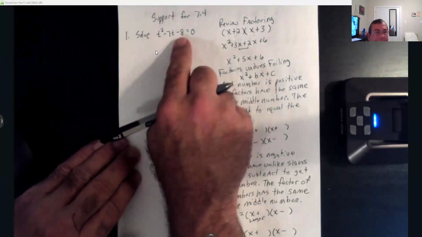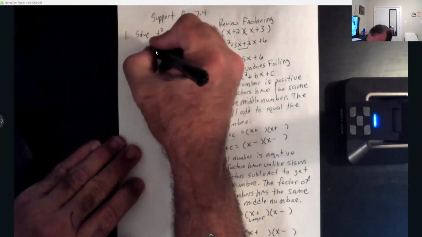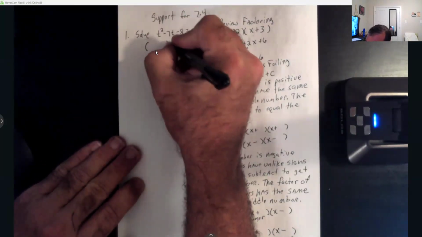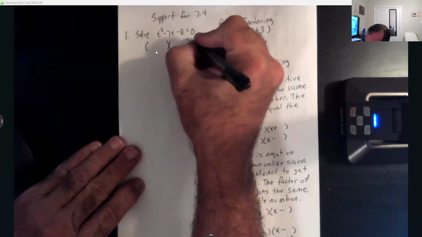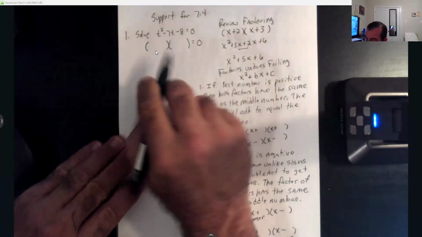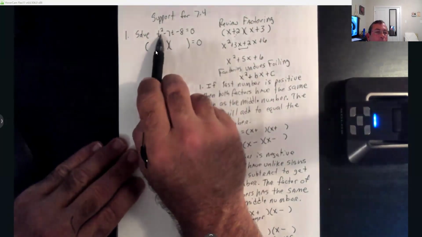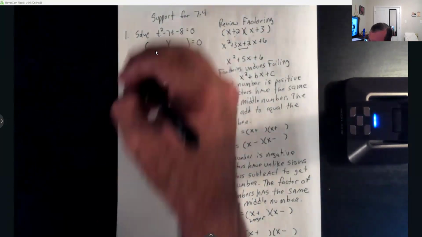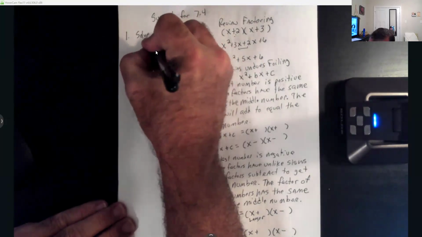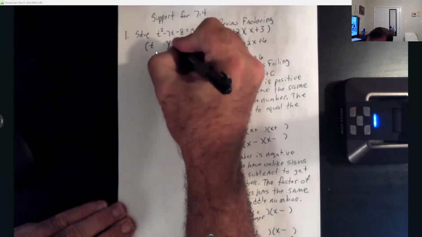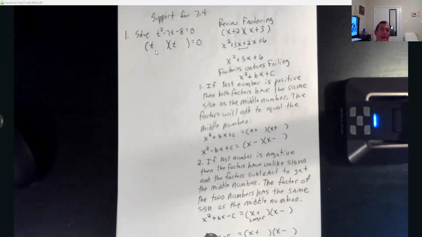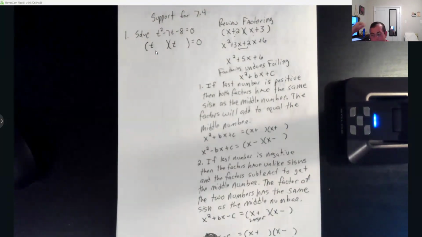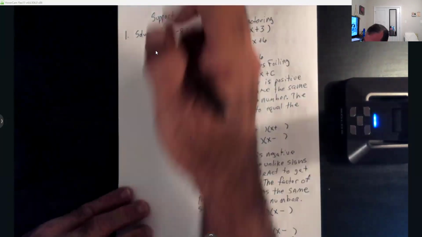Oh, this one's negative at the end. So that means I'm going to start my two parentheses. Now in the front, you have a t squared. Well, the only thing you can multiply to make a t squared is a t times a t. Okay? Now, y'all, here we go.